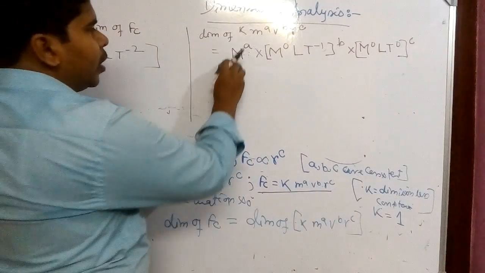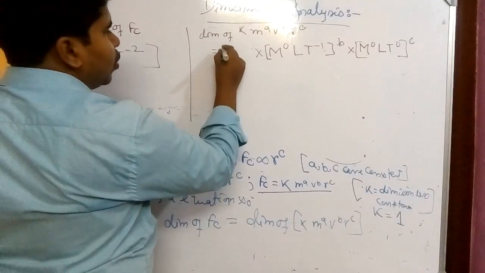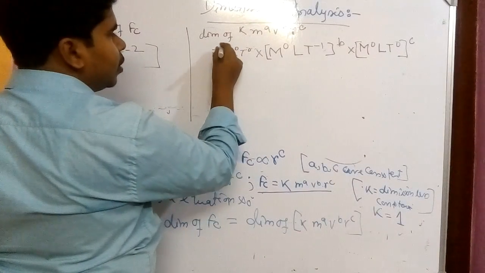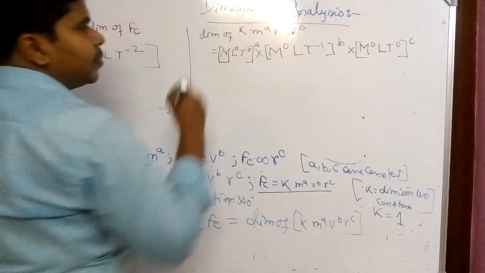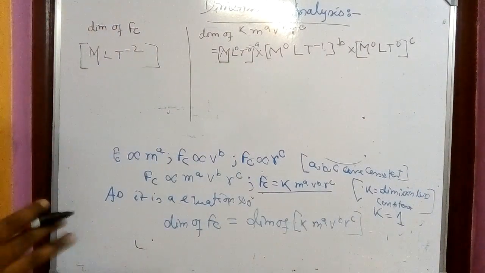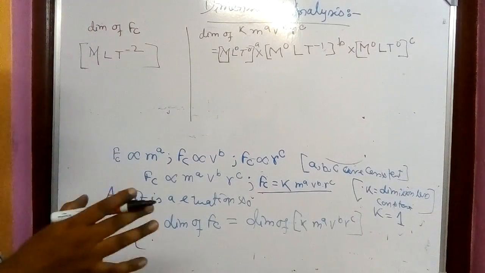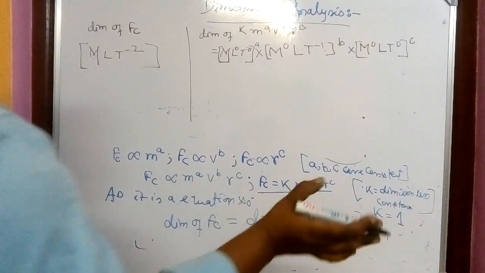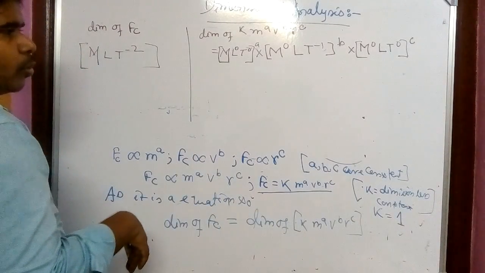If you want, here also you can write M to the power 1 L to the power 0 T to the power 0 whole to the power A. You can write this way also, no problem. Here you are simply measuring, so whatever zeros are there, you can abolish, no problem.